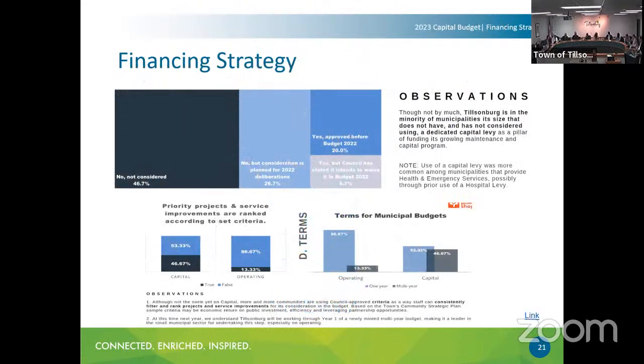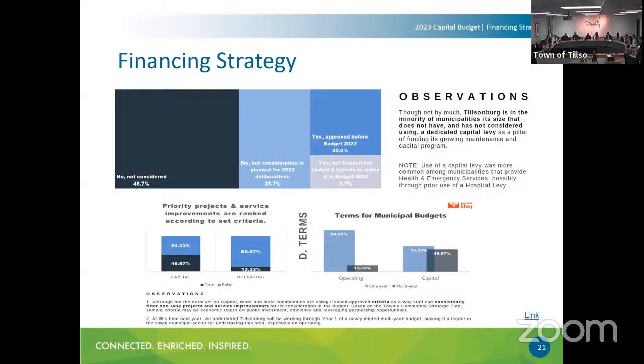This is part of that study I referred to. One of our strategic plan goals is for the township to be a leader in the sector. By moving to a multi-year budget framework for a township of this size, the town is taking a leadership position, looking at not just the capital, as we can see from the percentage there.